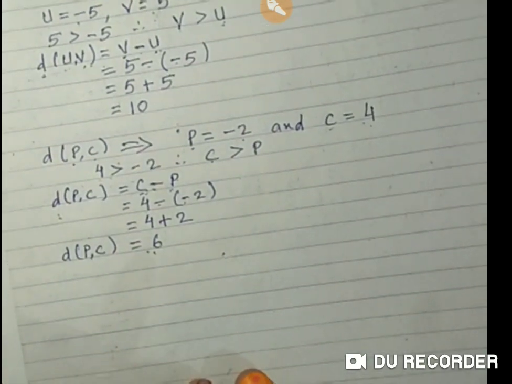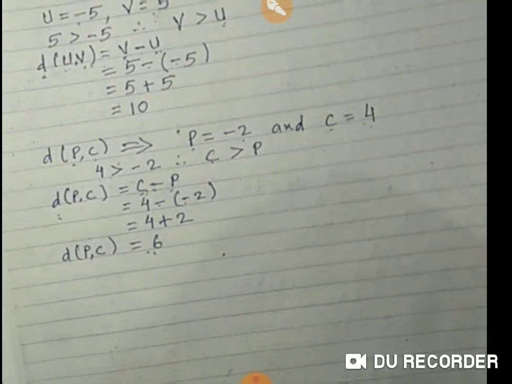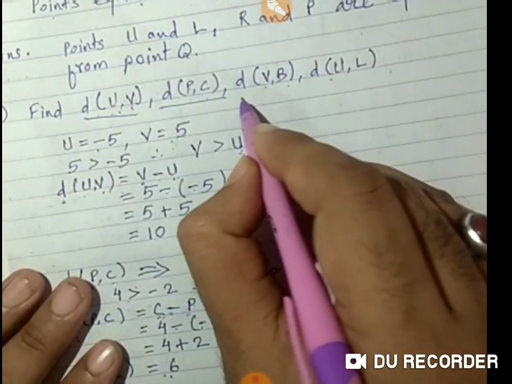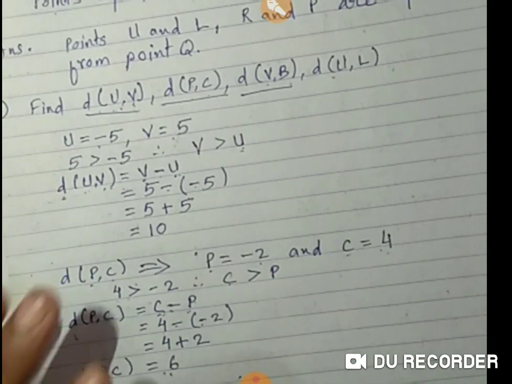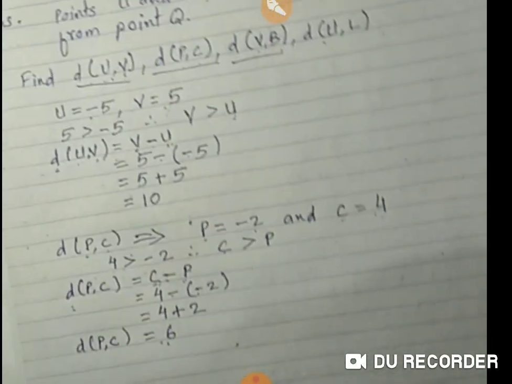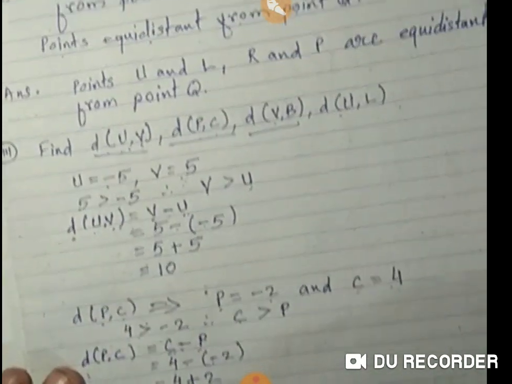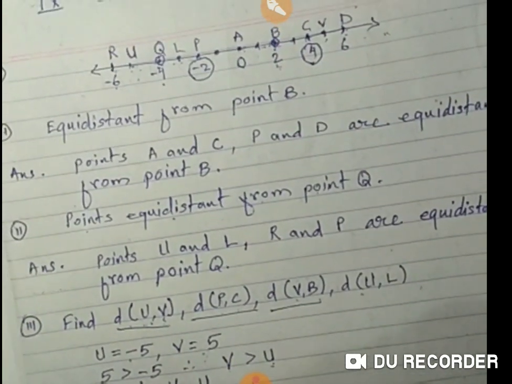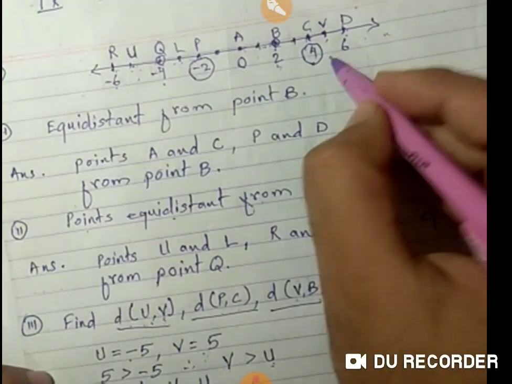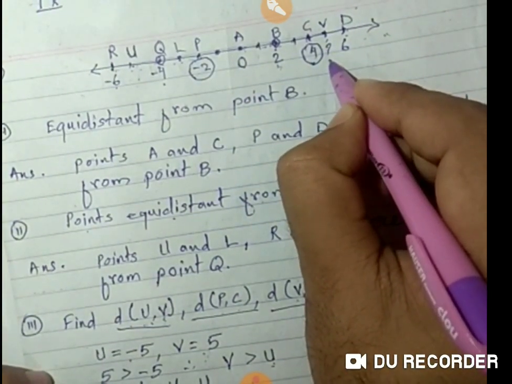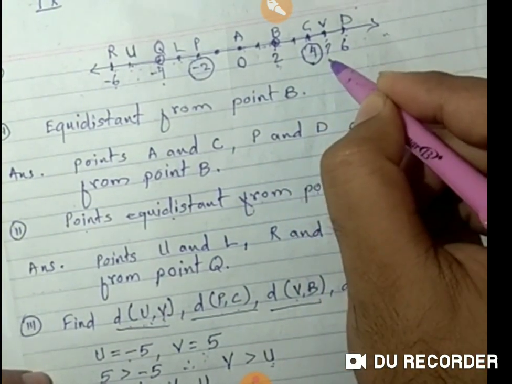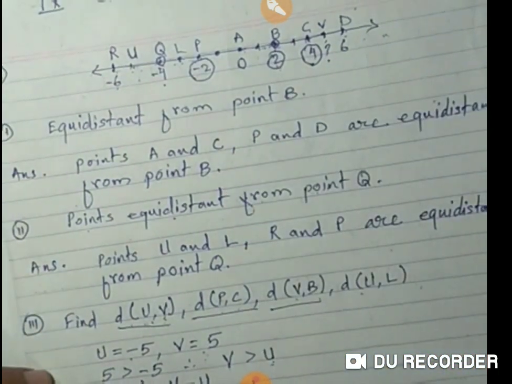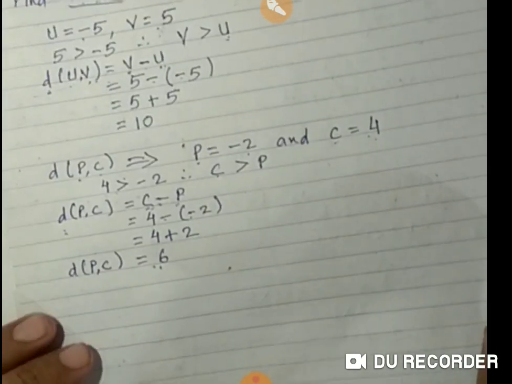Same way we can calculate distance between VB. So distance between VB, again I'll go back to my number line. Here we have number line. This is your coordinate of V, which is 5, and coordinate of B is 2.